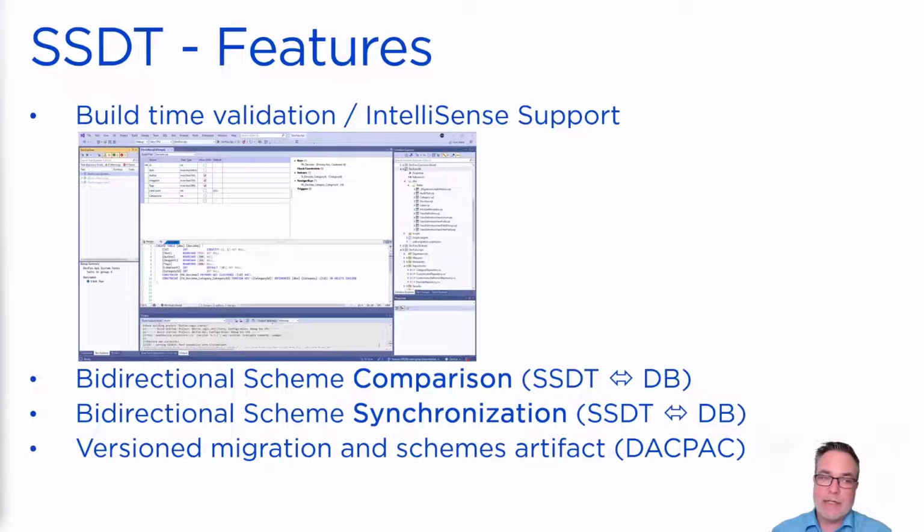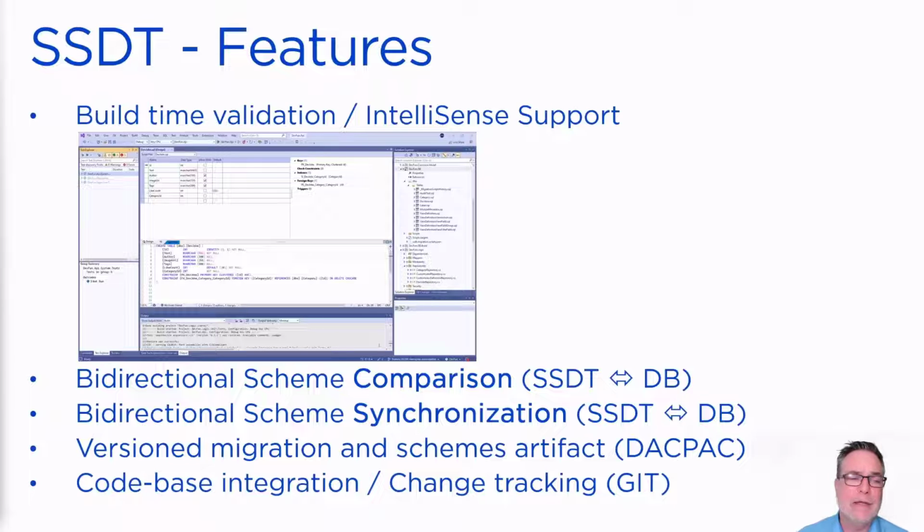And this has a lot of advantages since I really do not need to check in theory what version I've got. I just get a script out of the diff between my desired state in the DACPAC, it's a data-tier application package, and the target database. And the really cool thing, since it's a dedicated file for each database object, I can very easily integrate it into my Git repository.